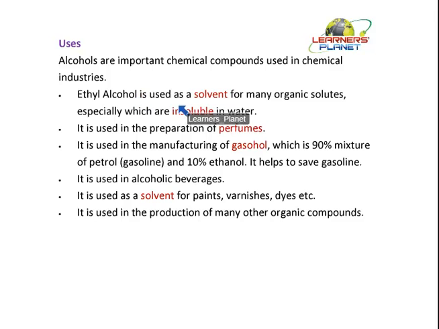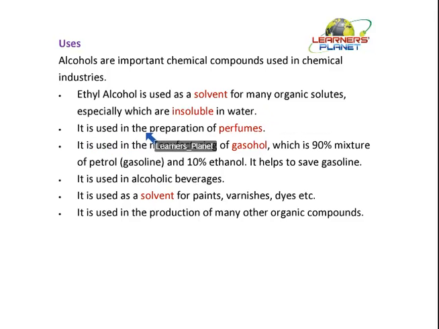Ethyl alcohol is used as a solvent for organic solutes, especially which are insoluble in water. Say your carbon tetrachloride, it is insoluble in water, but it is soluble in alcohol. Right? Most of the alkanes, they are insoluble in water. You must have seen, is oil soluble in water? No. But oil is soluble in alcohol.